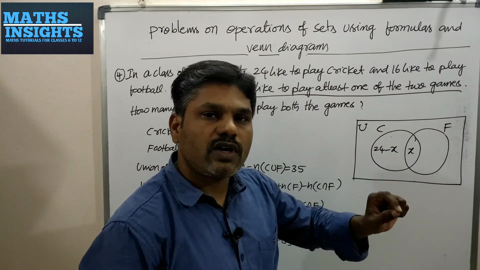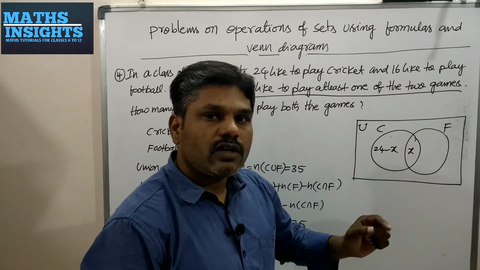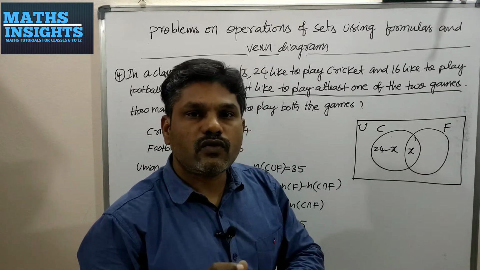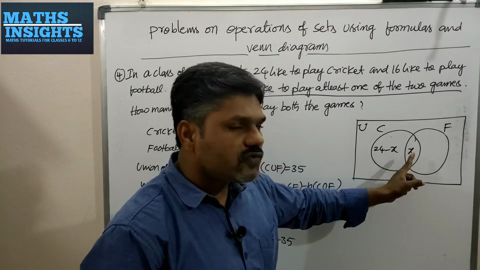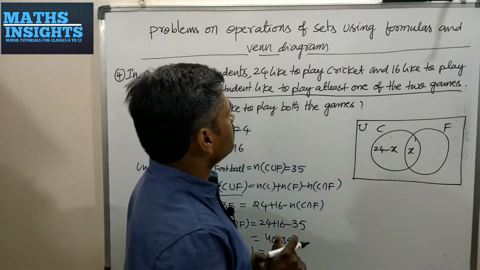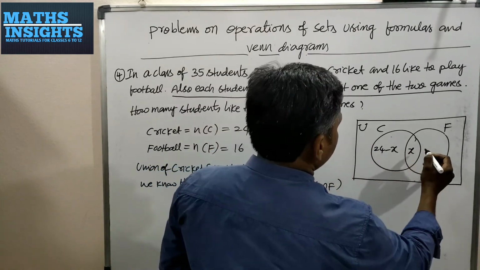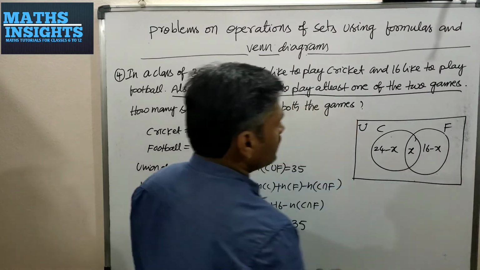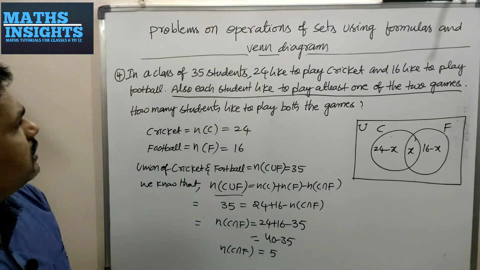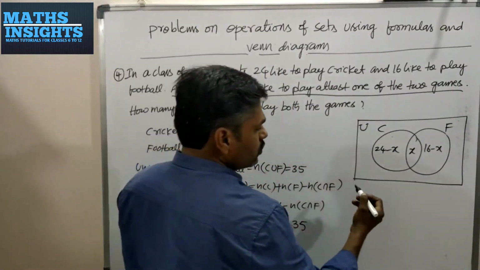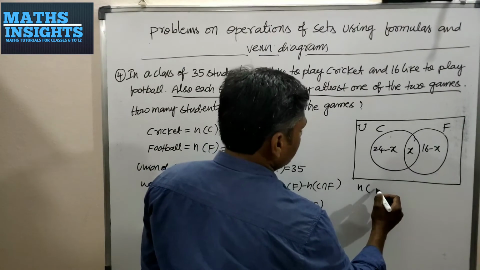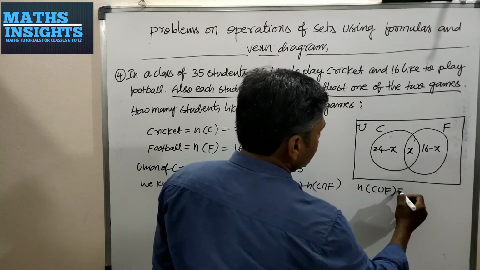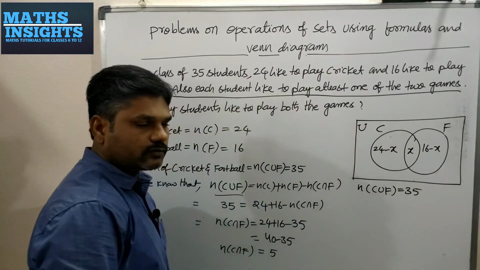Similarly, 16 is the number of players who are playing football. Only football is different from football. If you want to get only football, you have to remove this X, the number of students playing both games. Therefore it will become 16 minus X. And they have given you the union of two games, that means number of cricket union football equals 35.